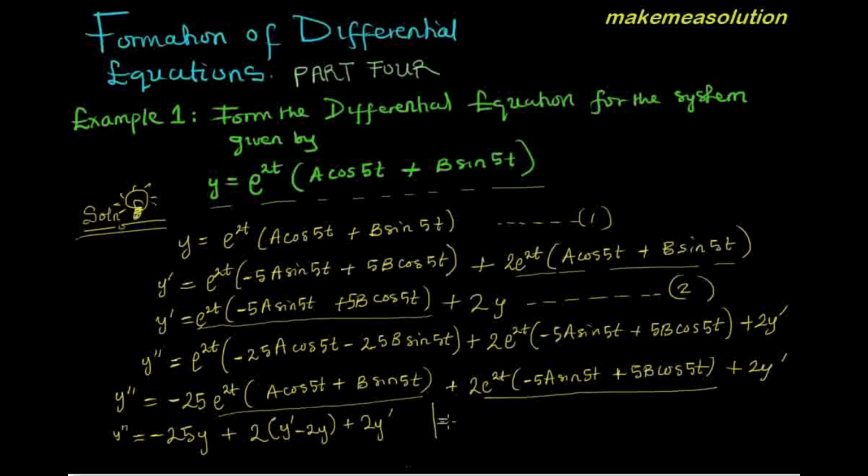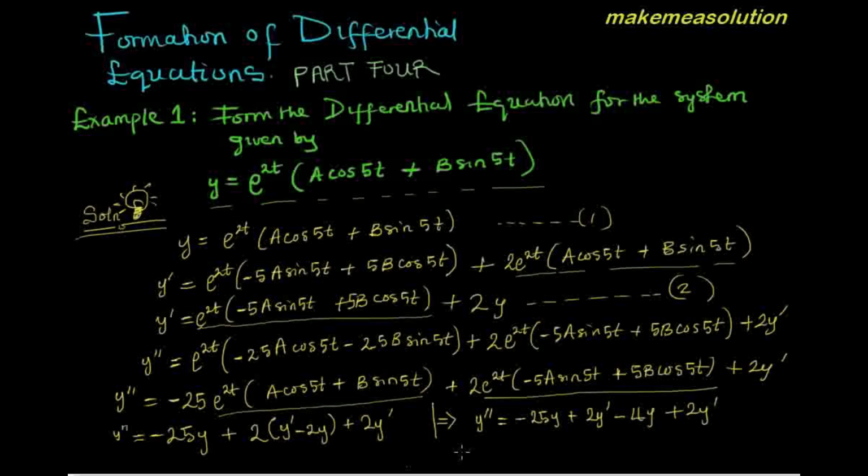Let me assume I break it here and keep solving. So this implies that we are going to have y prime prime is equal to minus 25y, and plus 2y prime minus 4y plus 2y prime.